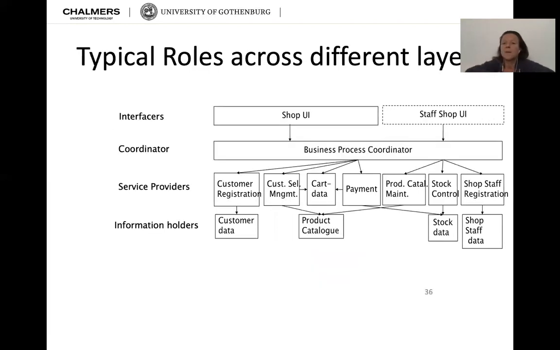And then we can again look at the typical roles across those different layers. So we start with the interfacers, move on to the coordinators, and then have a bunch of service providers. And at the bottom, we have the information holders. So that is the detailed version of the web shop for the layers that you saw on Rebecca's slide.